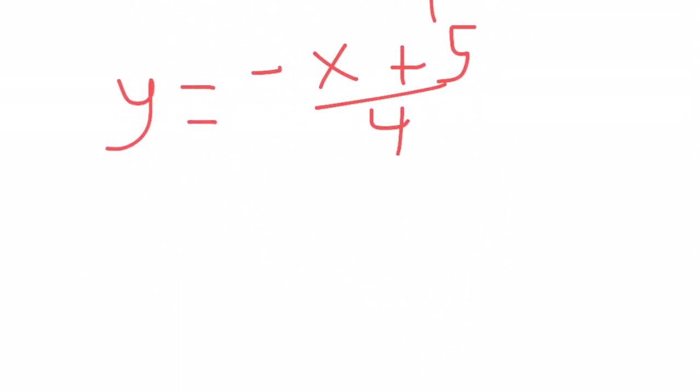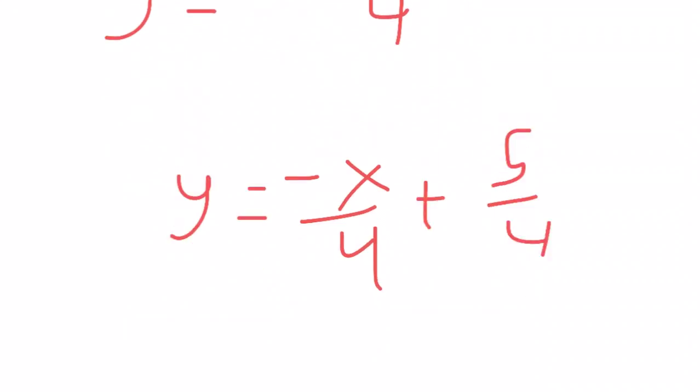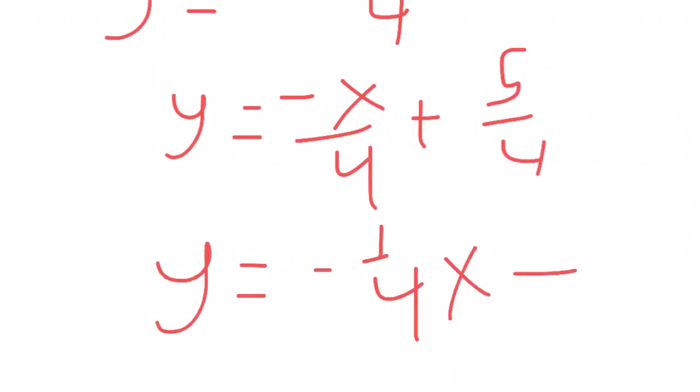Now, since they have the same denominator, you can put them in separate fractions, so negative x over 4 plus 5 over 4. Or since there's no number in front of the x, just a minus sign, that'd be negative 1/4 x plus 5/4. So you could have simplified it like this too. Just figured I'd tell you that. It's another way to work it.